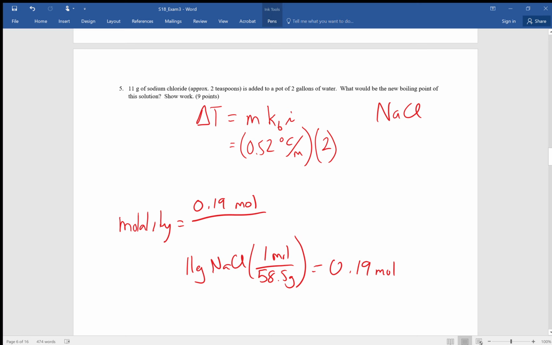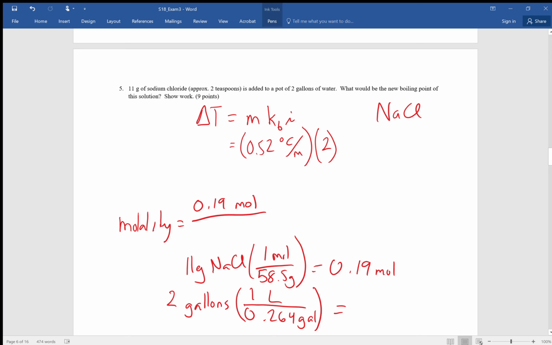In the denominator, we need the mass of the water in kilograms. Now it's given to us in gallons, so we're going to need to convert that. Again, this is not a conversion we would be expected to know, so we find that conversion on the front of the exam. 1 liter is 0.264 gallons.